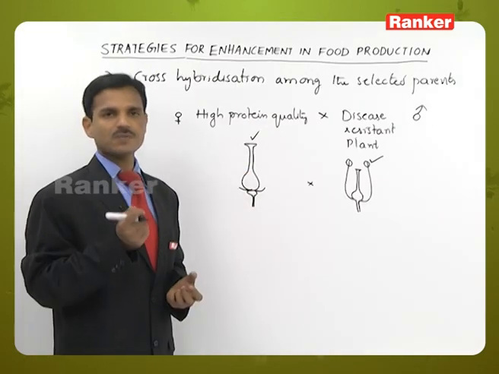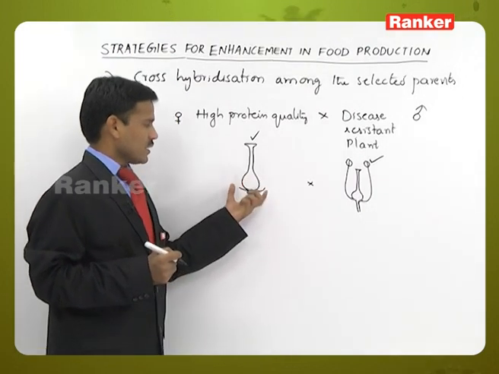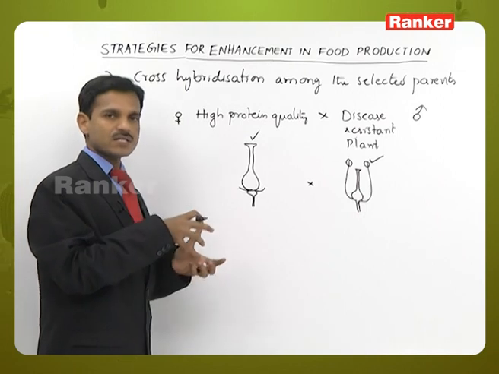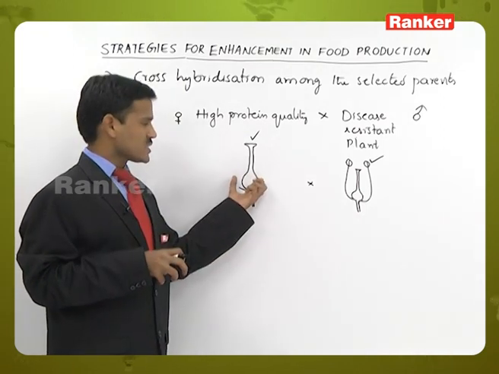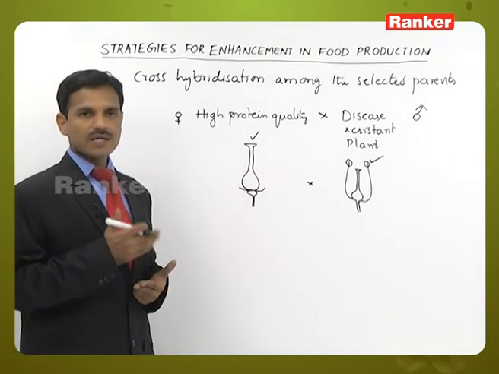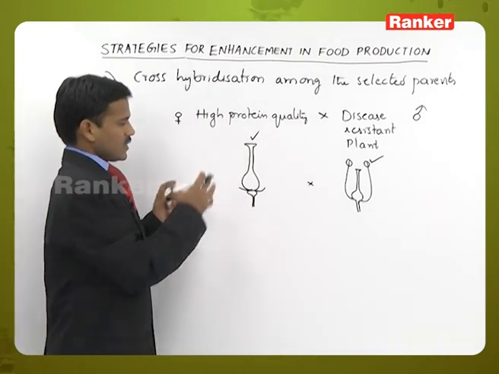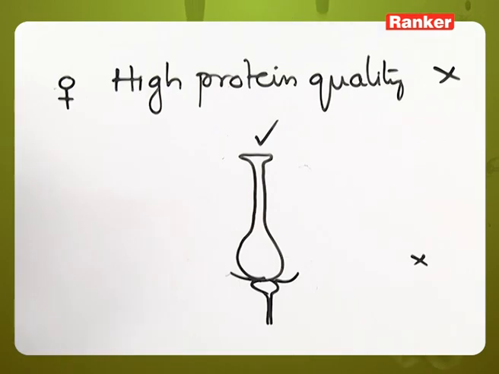If the flowers are very small, the anthers and stamens are removed by hot water treatment. The total flower or inflorescence is dipped into hot water; the gynoecium can withstand the high temperature, but the male sexual organs cannot. That is why, based on the size of the flower, we use different techniques.